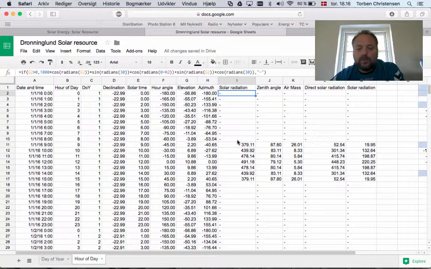So up until the sun goes in plus in elevation, there's no incident radiation.